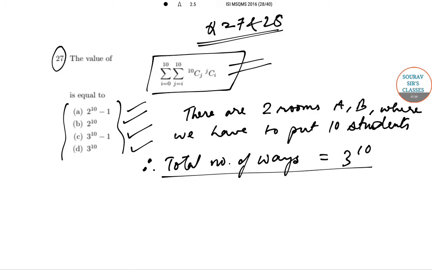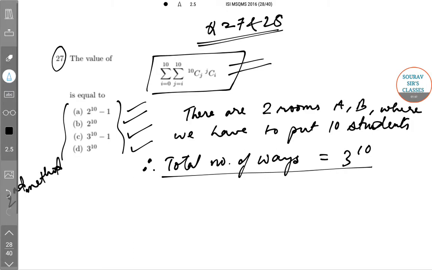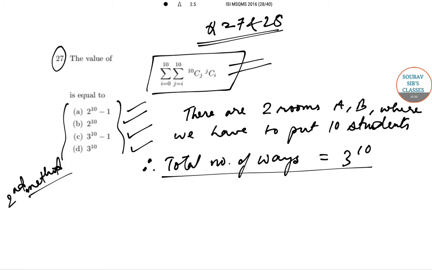There can be another way of solving the same question. Suppose in the second method, first we have to choose the number of students to put in rooms.